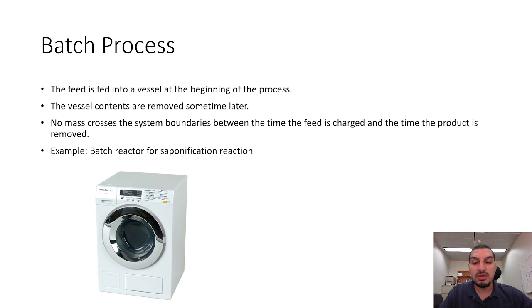While the process is taking place, you cannot put anything inside or take anything outside. Of course, there is water that flows in and out, but here we focus on the feed and the main product. So the product that we want to get is the clean clothes. So you cannot get this product until the process is done.